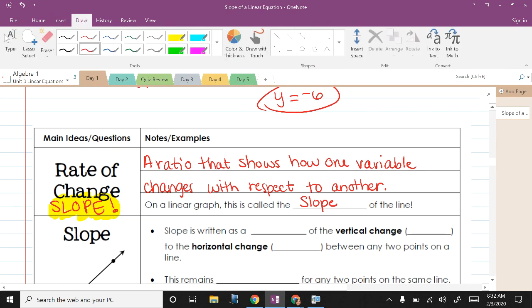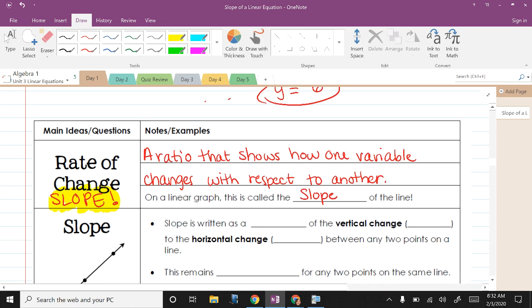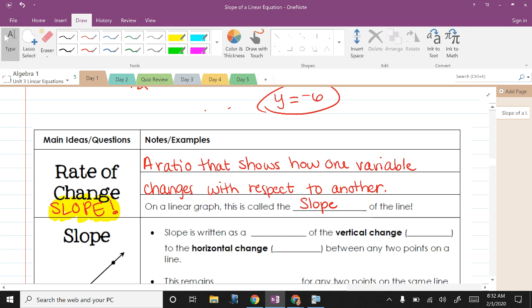Hang on, sorry. Got to get my pen back to working. Go away. What the heck? I don't know how to get this to go away. Technical difficulties. All right, I'm losing half my screen here.